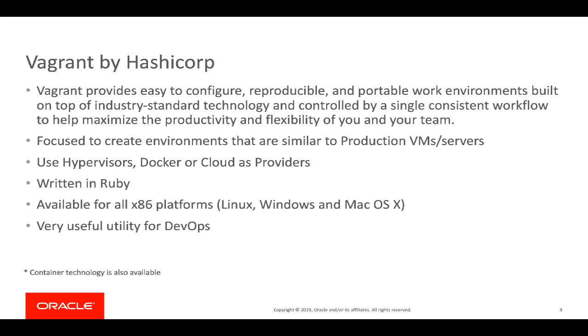Remote development environments force users to give up their favorite editors and programs, while with the VirtualBox integration, you can also work on your own laptop. And Vagrant can work on hypervisors like VirtualBox, but also with different cloud vendors. And at the same time, container technology is also available.